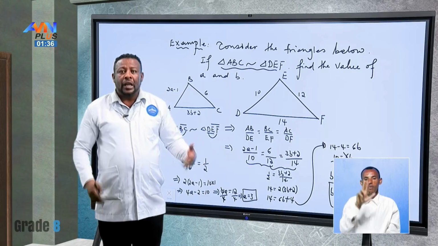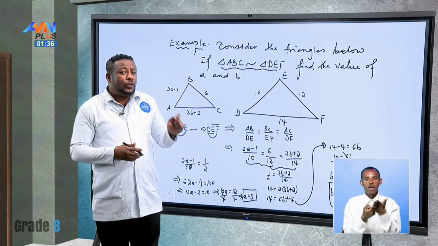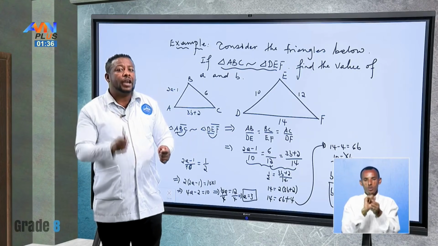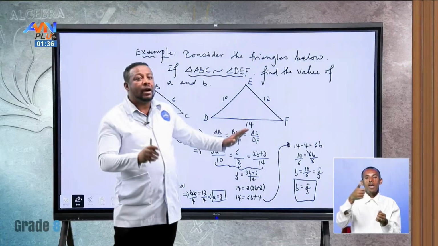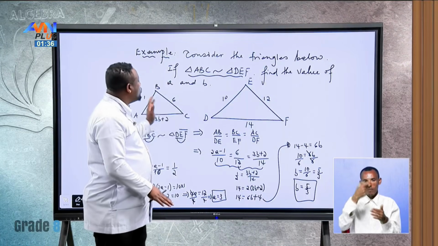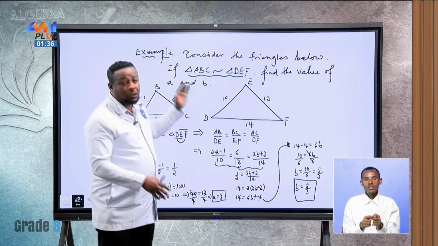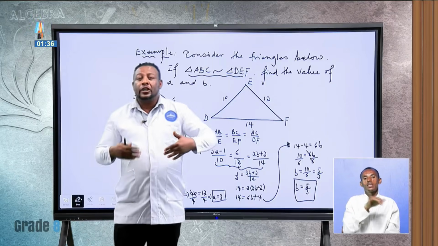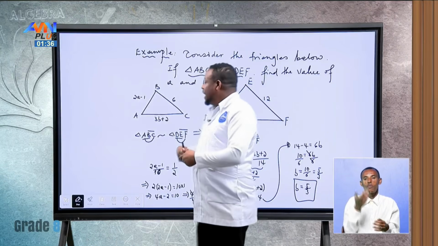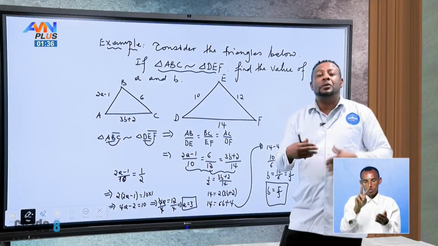Look, here, if you substitute any other a value or any other b value, these two triangles cannot be similar, right? The ratio of the two triangles will not be proportional.